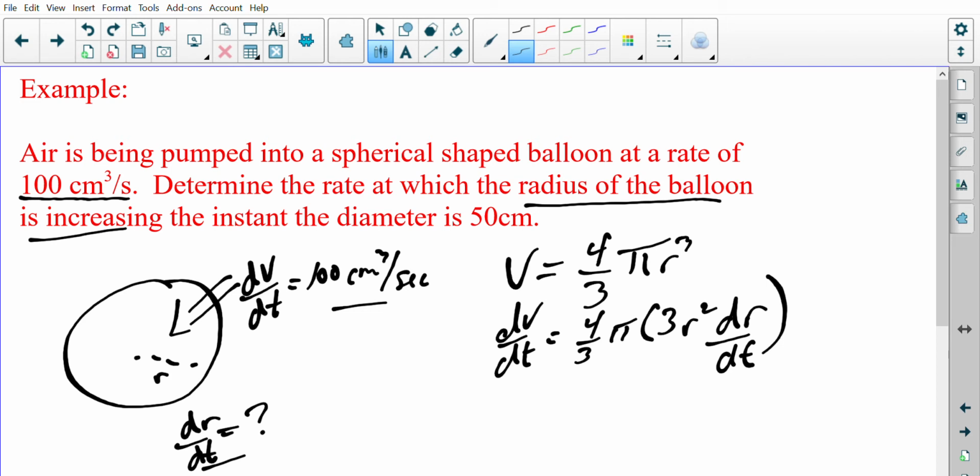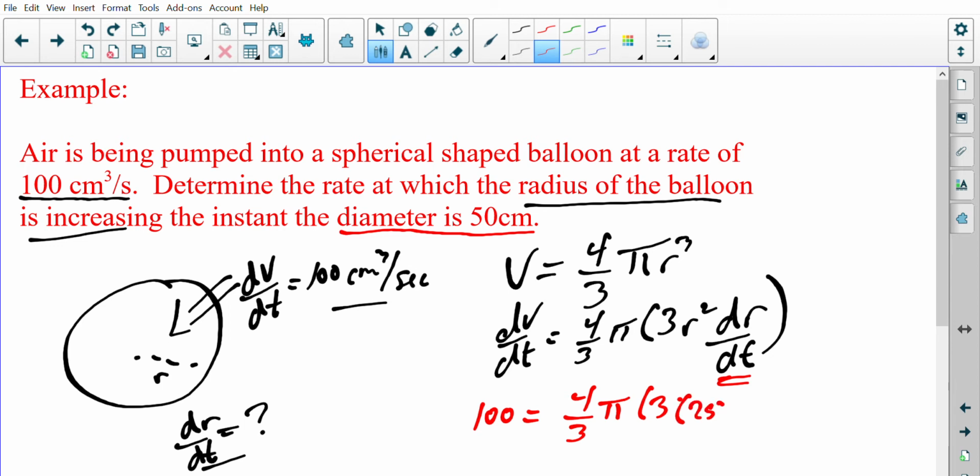This is given, dV over dt, so that's 100. 4/3 pi times 3. In order for me to get this measurement, the only thing I need is to know what's the radius the instant that they would like the rate of change in the radius. And it's the instant the diameter is 50. So if the diameter is 50, that means the radius is half of that, which would be 25 centimeters.